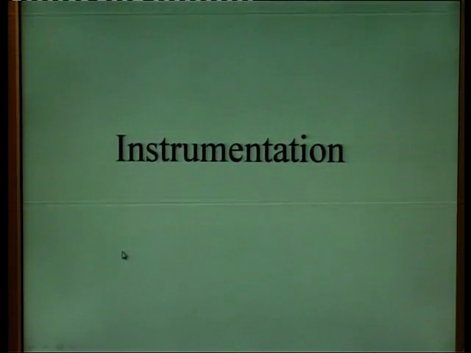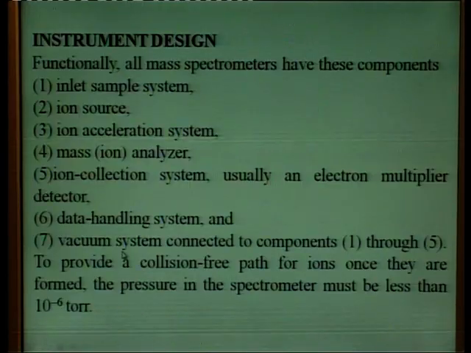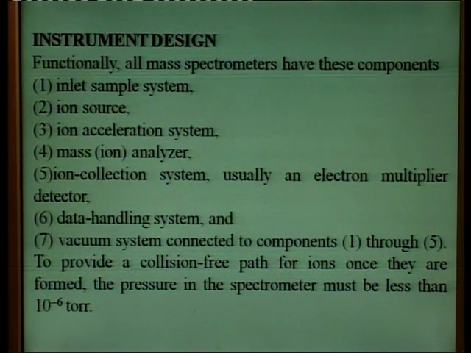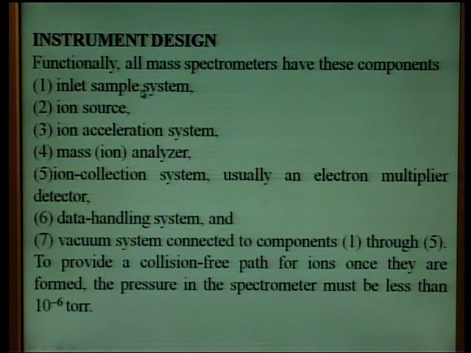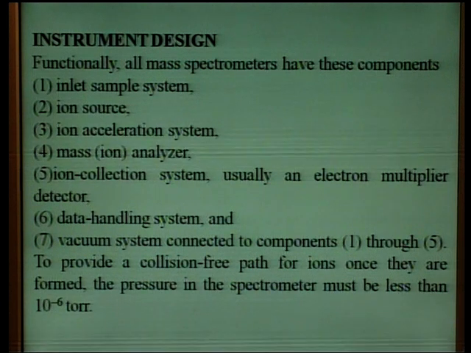Next is instrumentation. In the instrumentation design, functionally it has 7 components. First is the inlet sample system, from where the sample is introduced. Second is the ion source, that means how the compounds of the sample are made into ions.